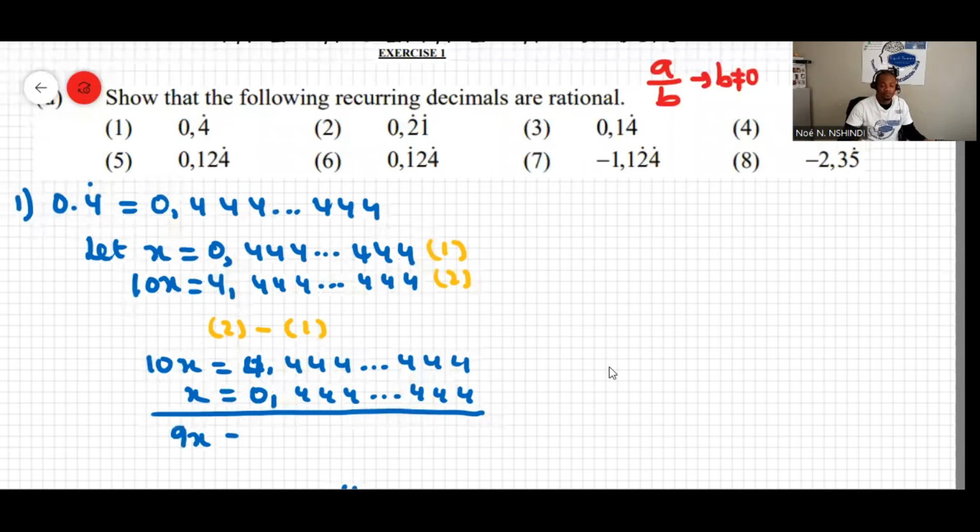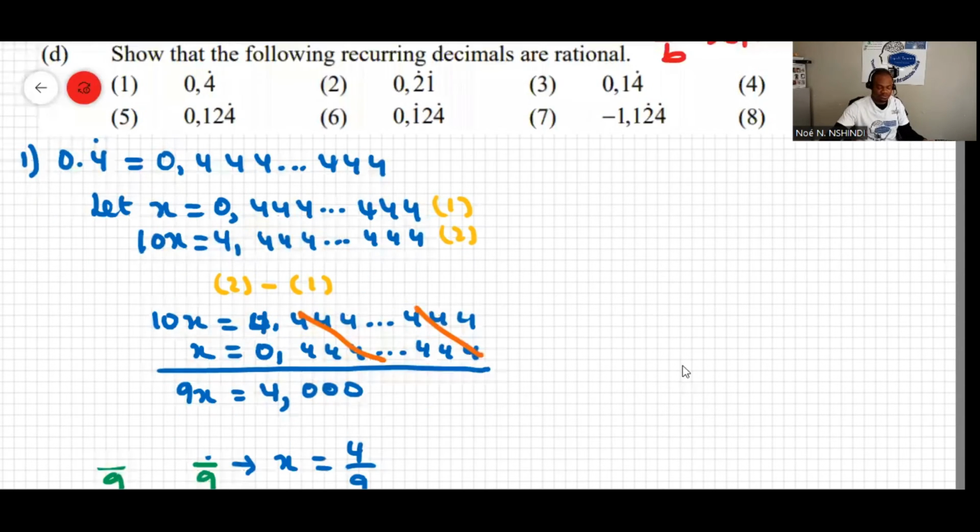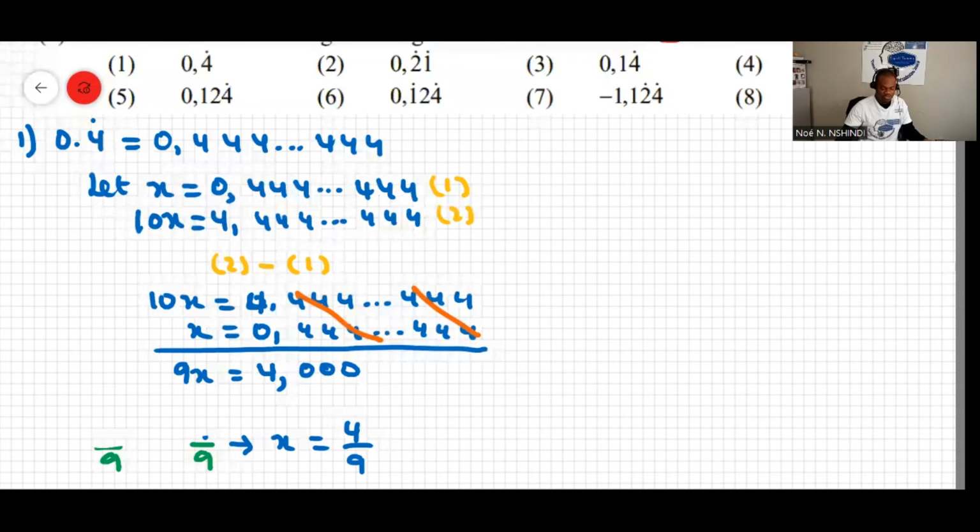Then 4 minus 0 is just 4, and 4 minus 4 is 0, and so on, so the decimal part is all zeros. Once it's zeros after the comma, we don't really need to write it. So basically, 9x is equal to 4.